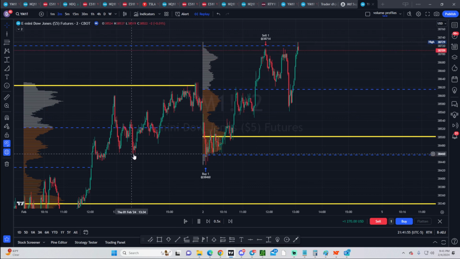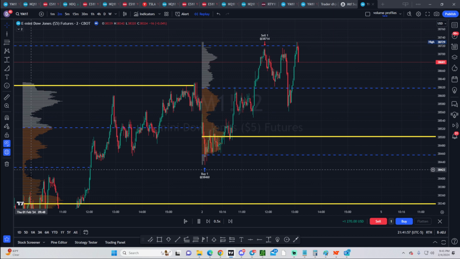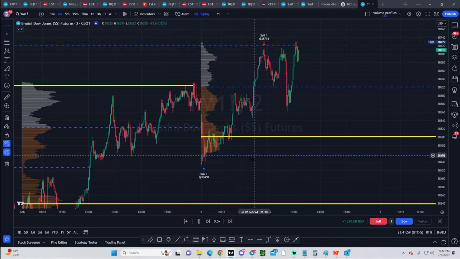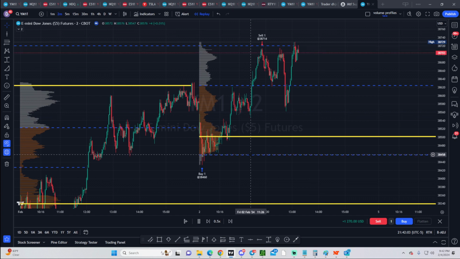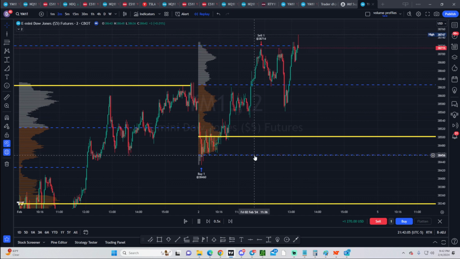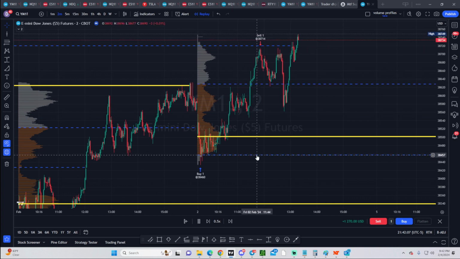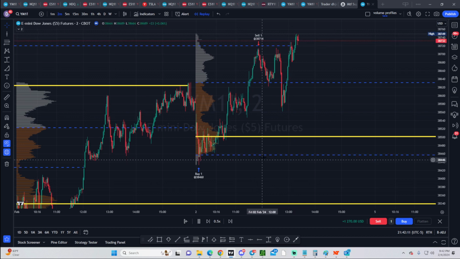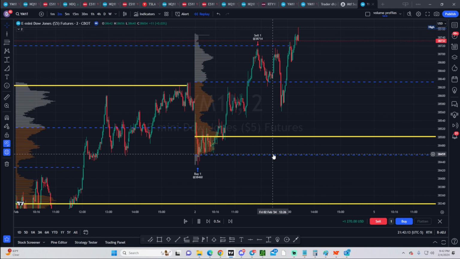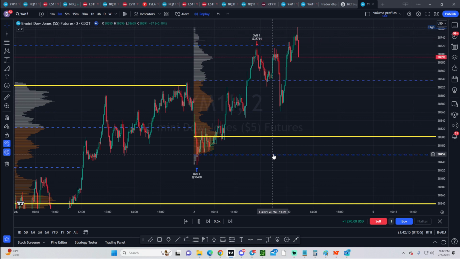In this particular case, I used this single print area as support, like I was saying before, as my pivot. So pivot means we're going to pivot from this area. It's a pivotal area, meaning that above here we're looking for longs, and below that, we're looking for shorts.